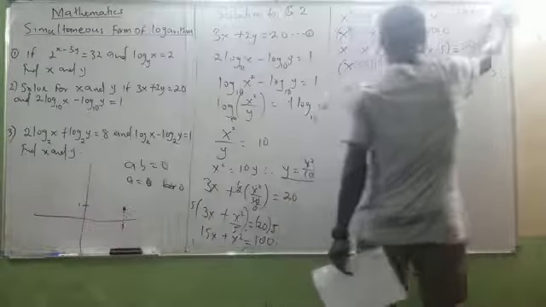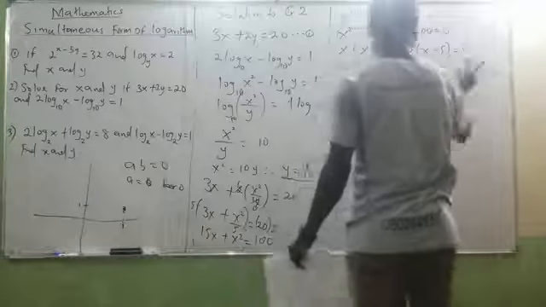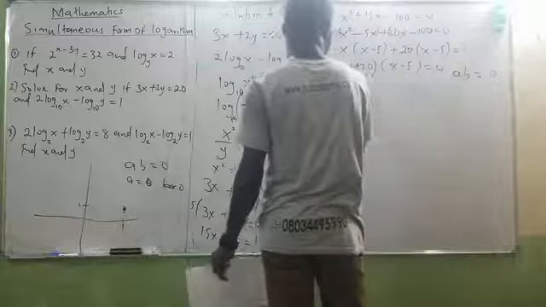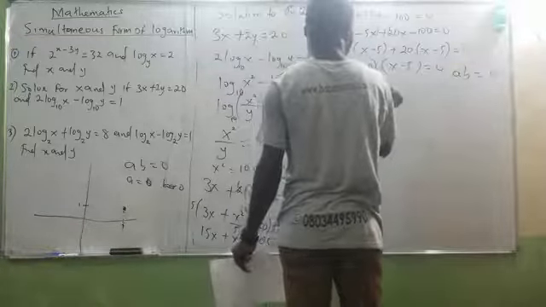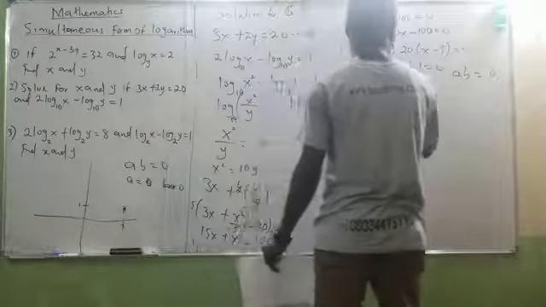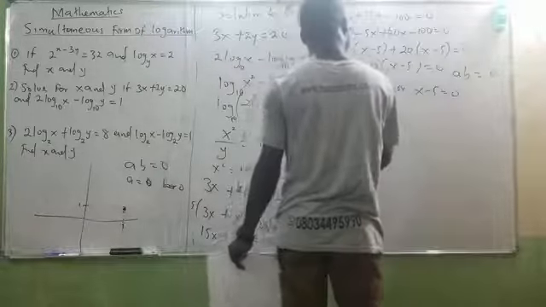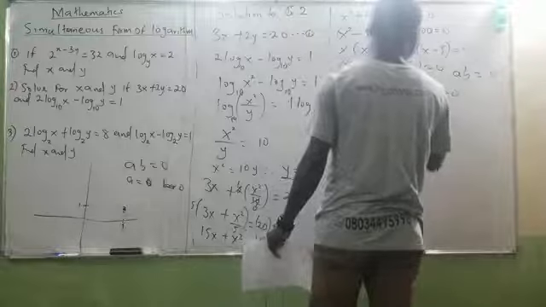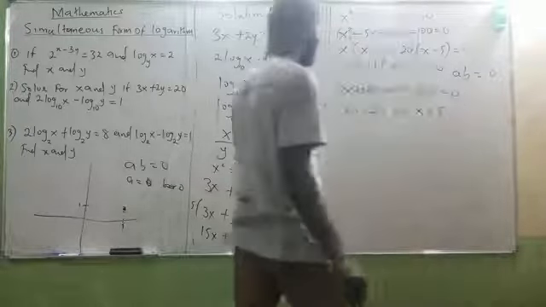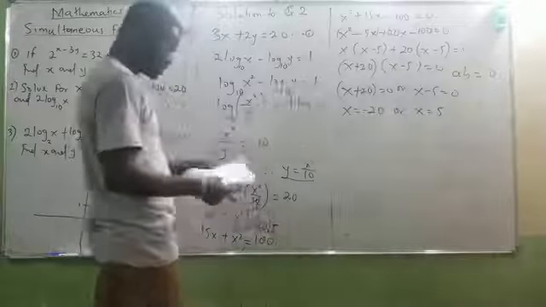For those that are still beginners, let me do something down there: x plus 20 equals 0 or x minus 5 equals 0. It means x equals minus 20 or x equals 5. I just subtracted and added to both sides.